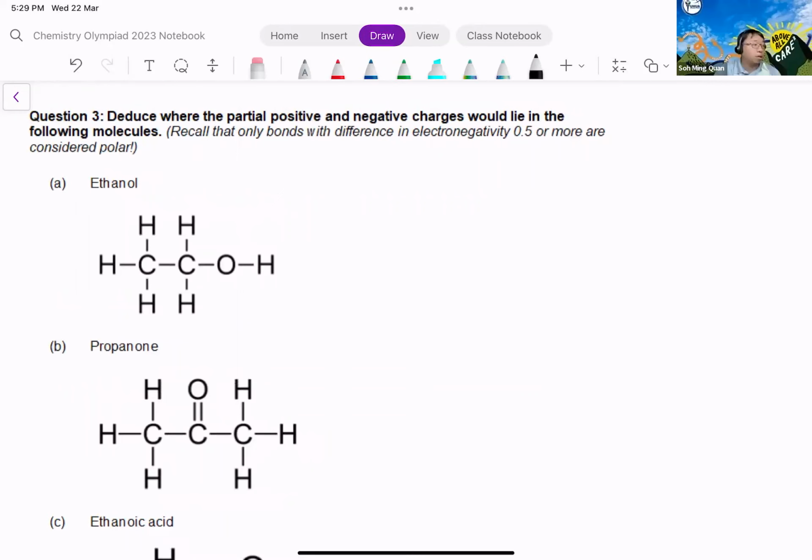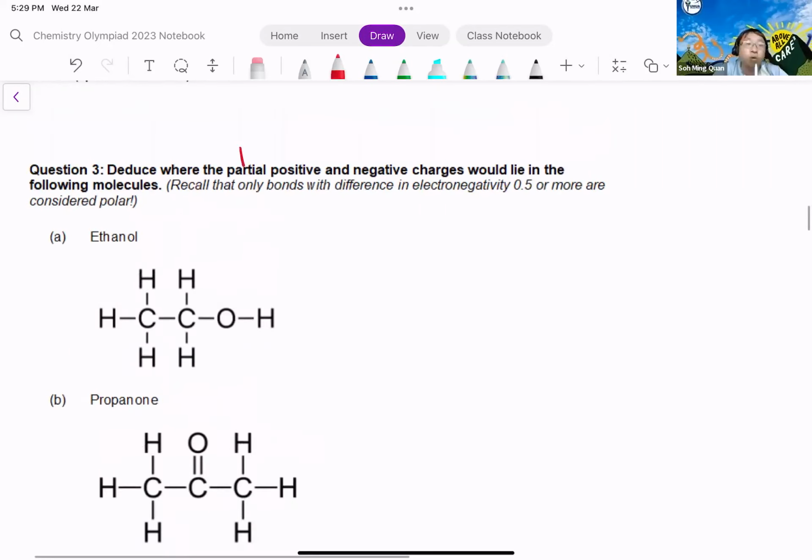Can I please give you about 5 minutes? Okay, let's work on these 4 examples. I want you to label where the delta plus and delta minus will be. Which atom is it on? Is it on H? Is it on C? Is it on O? All right, so let's label that.